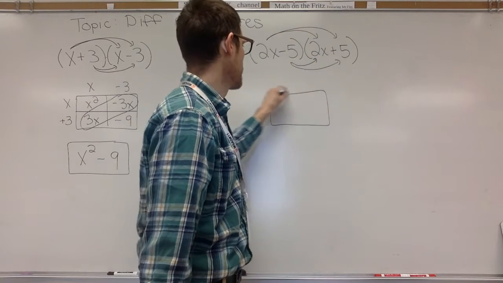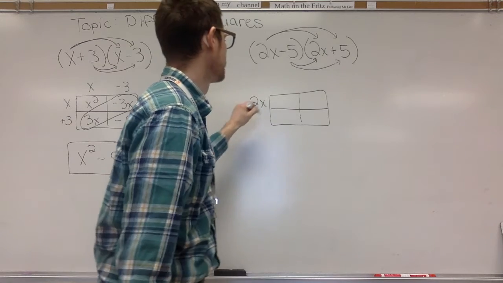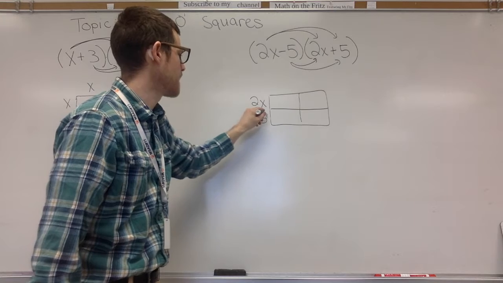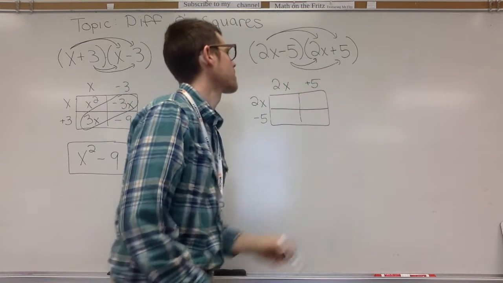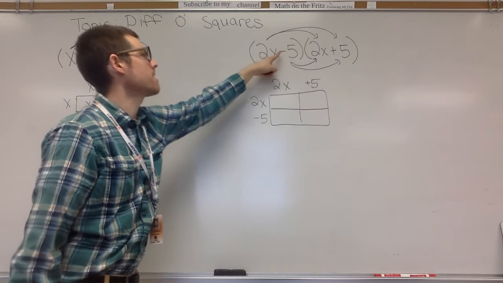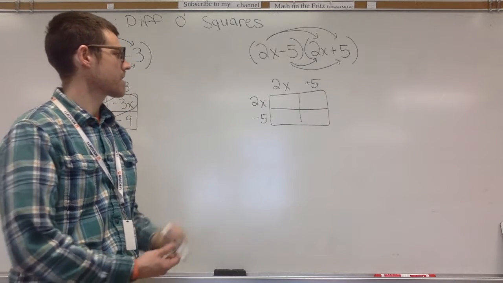Again, I'll do the area model just because it's a good visual way to see what's happening. It's a binomial times a binomial, so I'm going to have a 2 by 2 box. So I'm just setting up my 2 by 2 box. I have to have a way to show this minus in between, so I'm treating it as a negative when I do my multiplications.